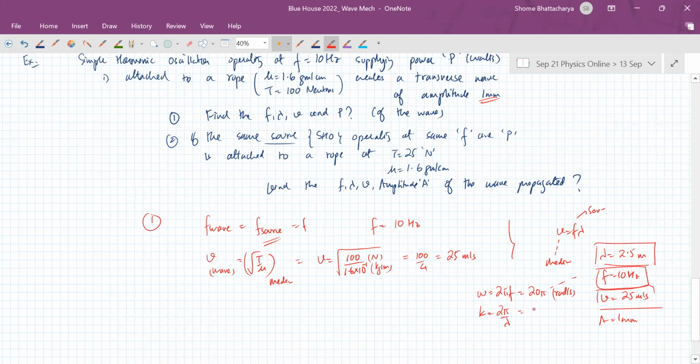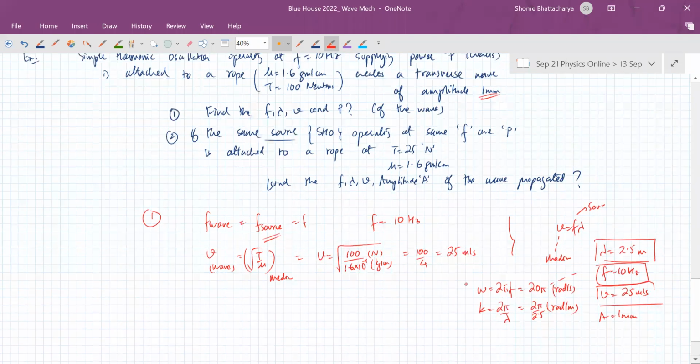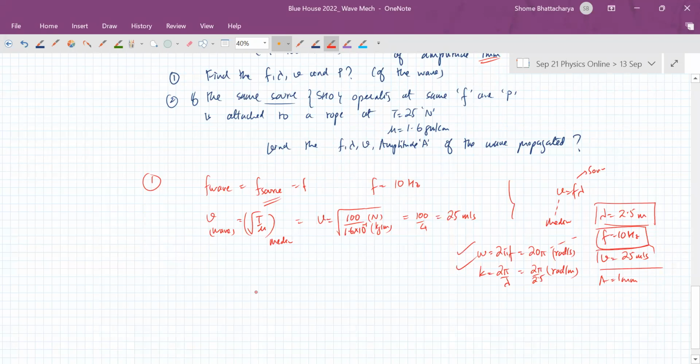So that becomes 2 pi upon 2.5 radians per meter, or you can write this as 4 pi by 5, whatever. So omega, k, all this thing. So basically your wave equation will be something like this: sine of 20 pi t minus 4 pi by 5 x plus some phase constant.